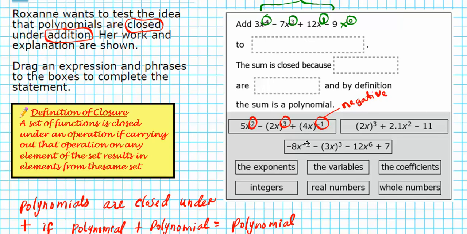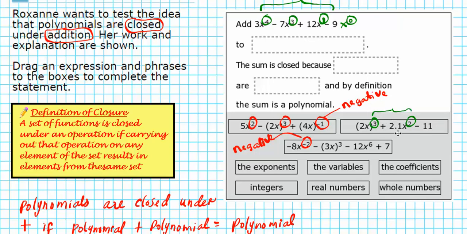Let's go to one in the middle here. Uh-oh, we have a problem. -2 is negative. You can't have negative exponential terms for a polynomial. And then if you look at this third expression here, focus on the exponents, 3, 2. Don't forget about this, it's just a constant. These two numbers are positive integers.